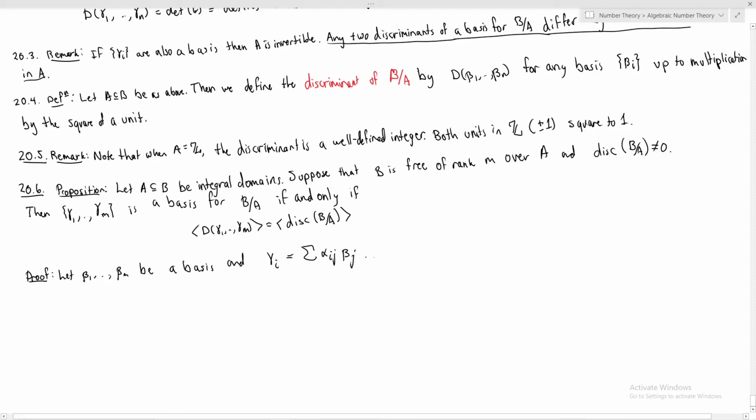Okay, and we've seen that the discriminant of these guys, gamma 1 through gamma m, is the determinant of the alpha ij's squared times the discriminant of beta 1 through beta m.